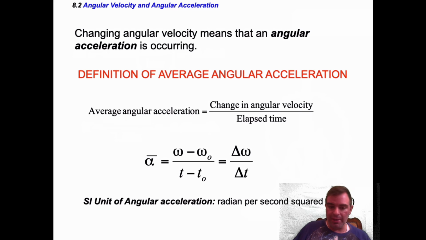It's symbolized very similar to linear acceleration, but now it's the change in angular velocity divided by the change of elapsed time. If you remember correctly, acceleration was meters per second squared. In this case, angular acceleration is going to be radians per second squared.